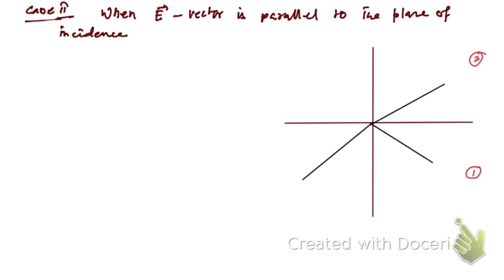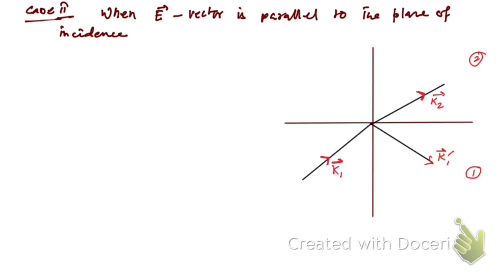So this is the propagation vector, k1 dash, and this is the propagation vector for the transmitted wave, k2.